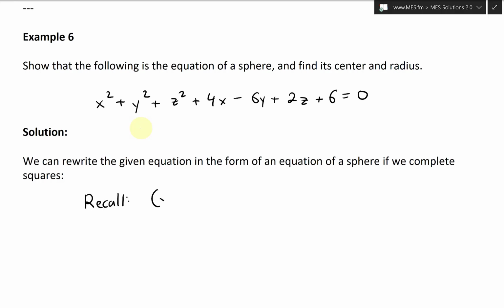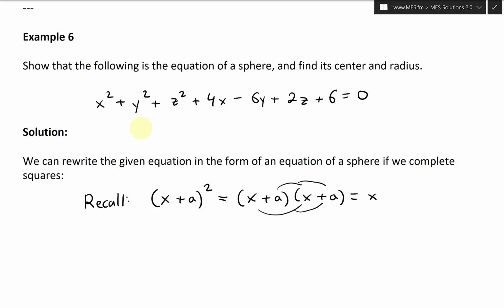If we recall, x plus a squared equals x plus a times x plus a. So we multiply x by x, then x by a, then a times x, then a times a. In other words, we have an a times x and an x times a.